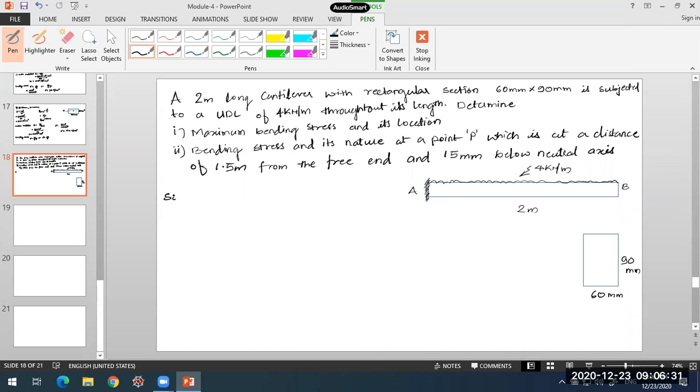So for the solution, what you have to find first is the maximum bending stress and its location.